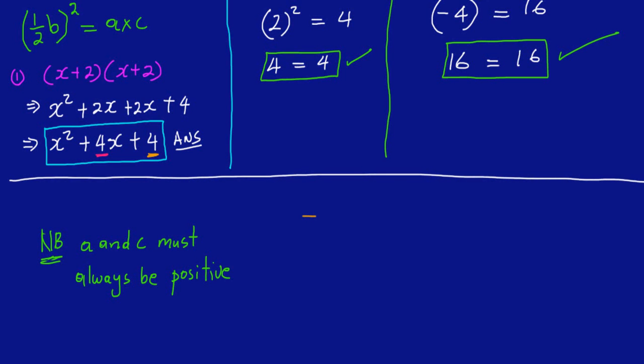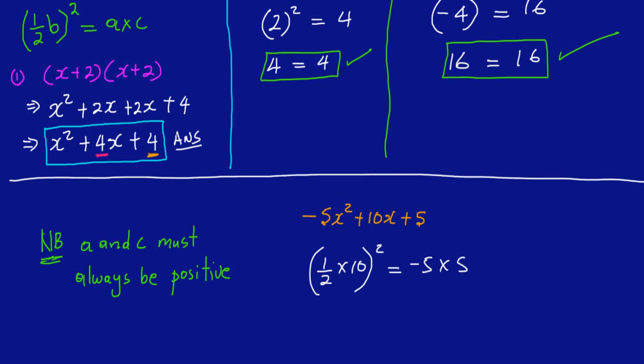Take for example negative 5x squared plus 10x plus 5. Again, to prove whether it's a perfect square, I would be taking a half of b, which is now 10. So I'm taking a half of 10 and I'm going to square that, and that must be equal to a times c. A here is negative 5 and c here is positive 5.